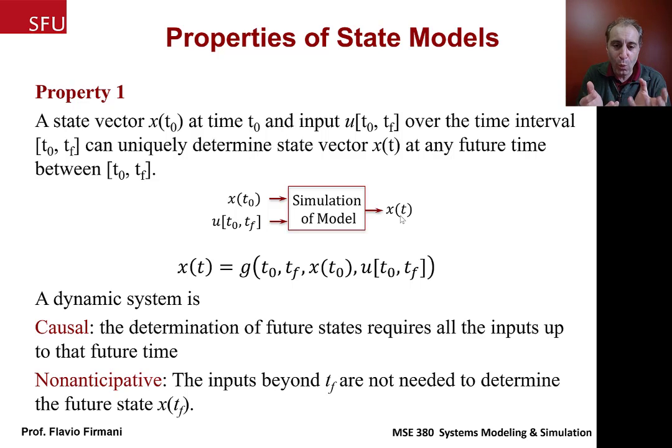We need to know what the temperature is going to be until 5 o'clock in the afternoon to output the temperature of the coffee. Now, the system is non-anticipative. That is, any input beyond TF is not needed to determine what the temperature is going to be at 5 o'clock in the afternoon.